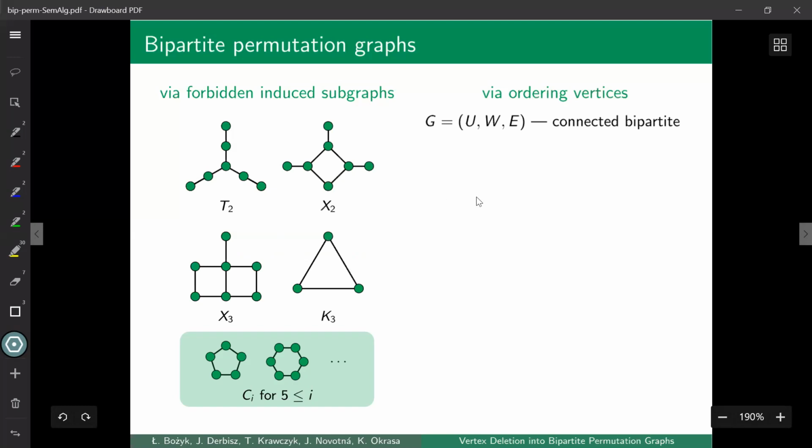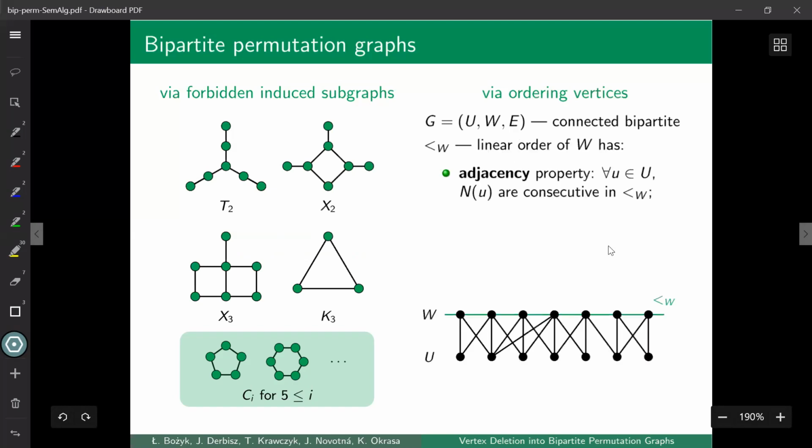So say we have a connected bipartite graph, and we order one of its parts linearly. We say that this order has the adjacency property if for every vertex from the other side, its neighbors are consecutive in our order, like this, and it holds for every vertex in U, right? U is the other part of our graph.